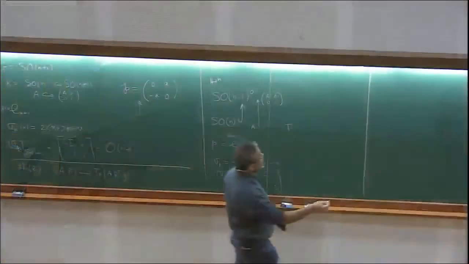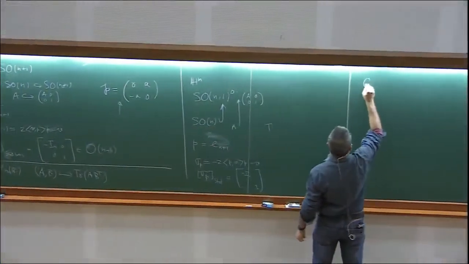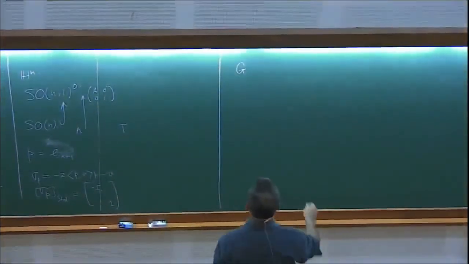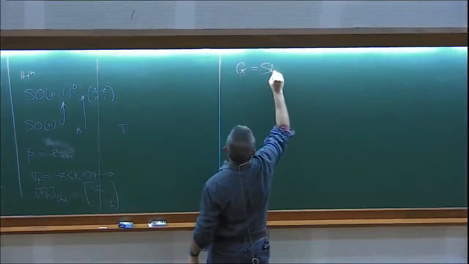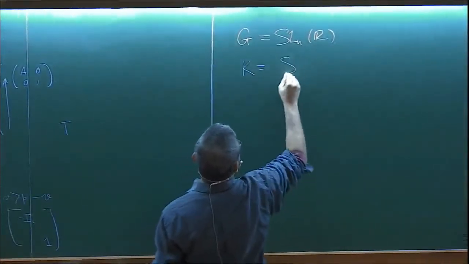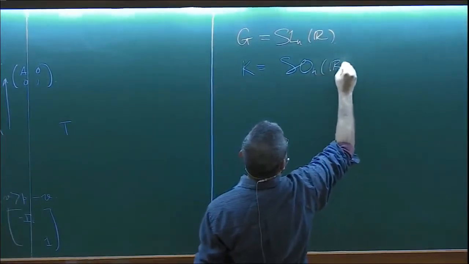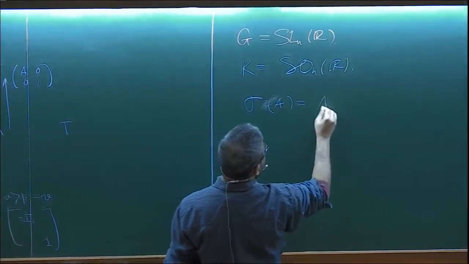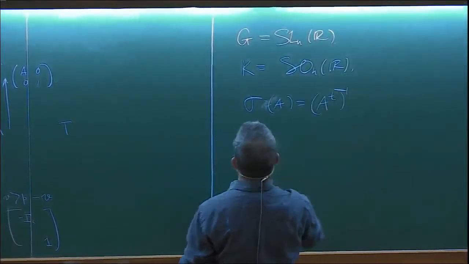Let us take a special case which played a very important role in the previous lectures of Pranab, Sardar, and so on. Here G is SL_n(R), K is SO_n(R), and sigma of A is A transpose inverse.